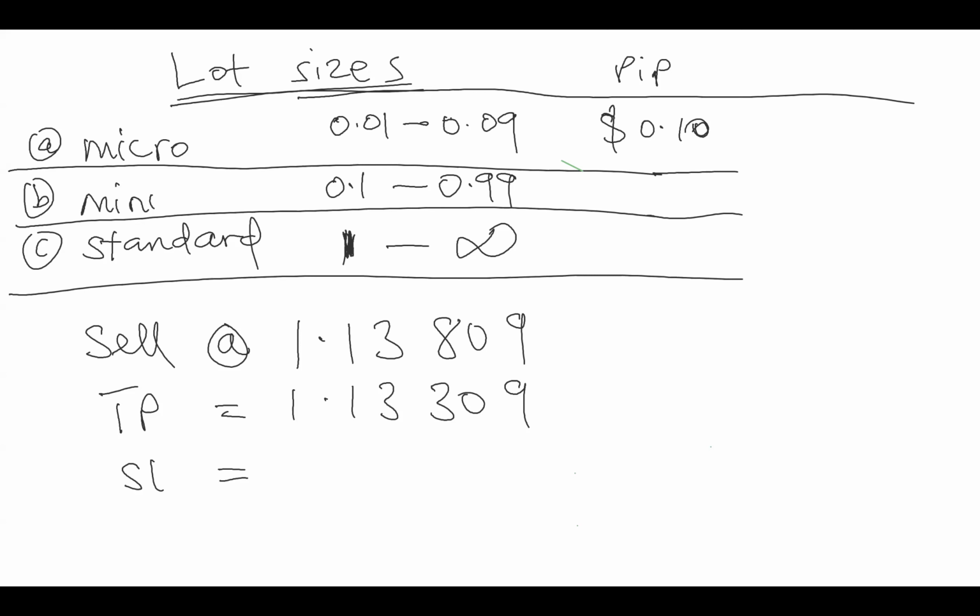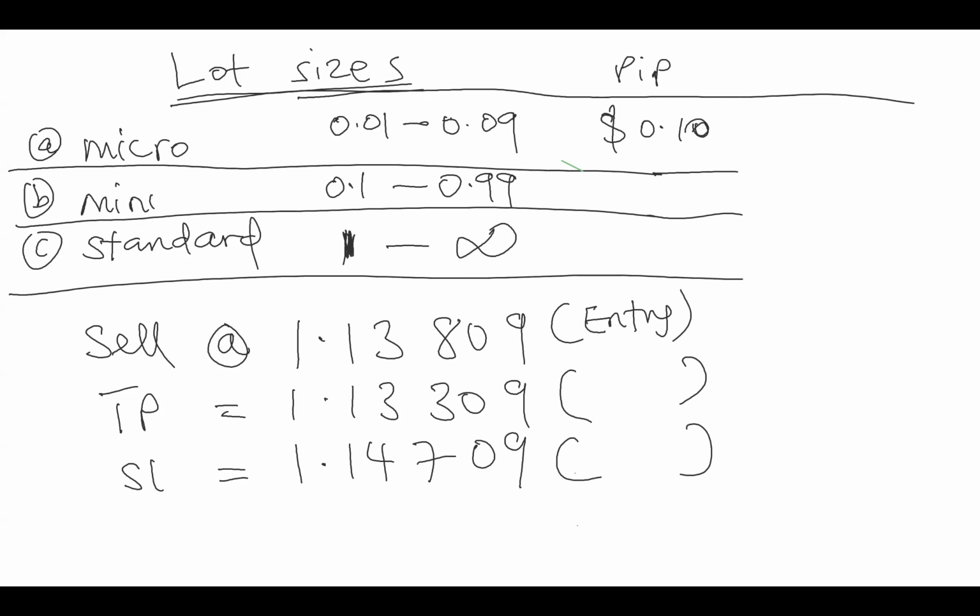Now can you tell me how many pips TP I gave you and how many pips SL I actually gave you? If I gave you this as your entry, and I gave you TP as 1.13309, can you tell me how many pips TP I gave you?